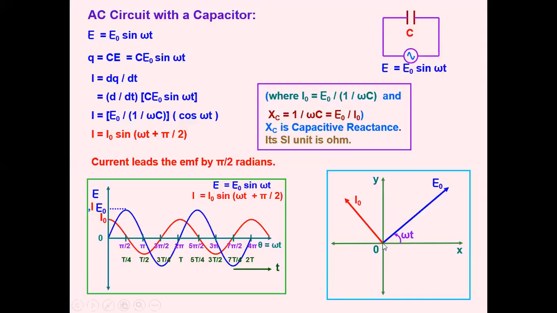Therefore, this phasor of current will be in the second quadrant. In case of the inductor, the phasor of current was in the fourth quadrant, and here omega t plus pi by 2 is the phase of current with respect to this reference axis.